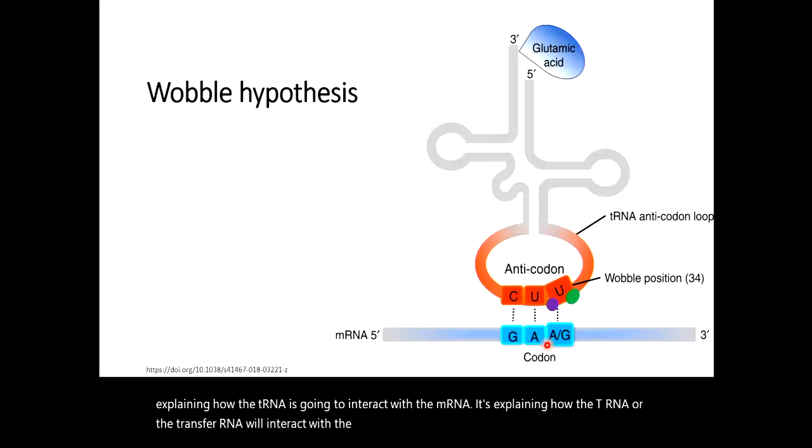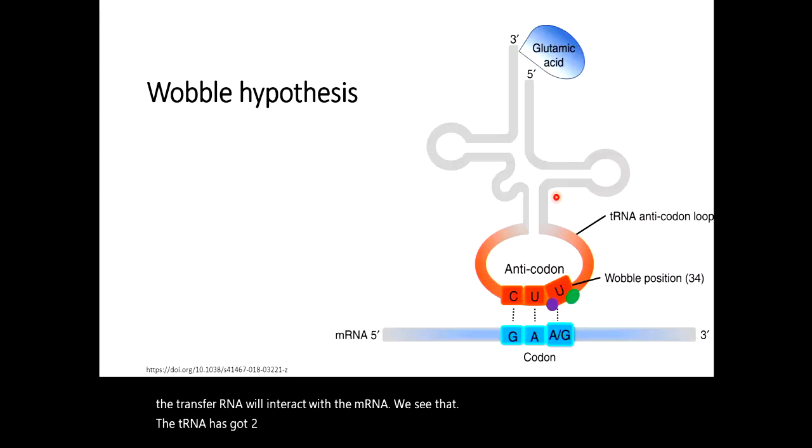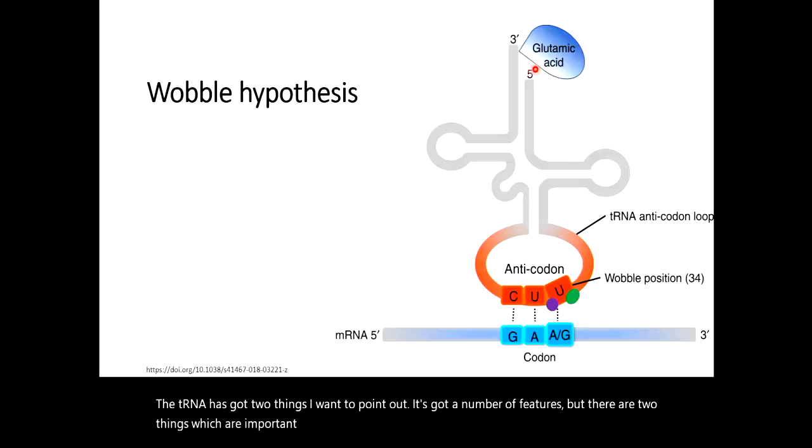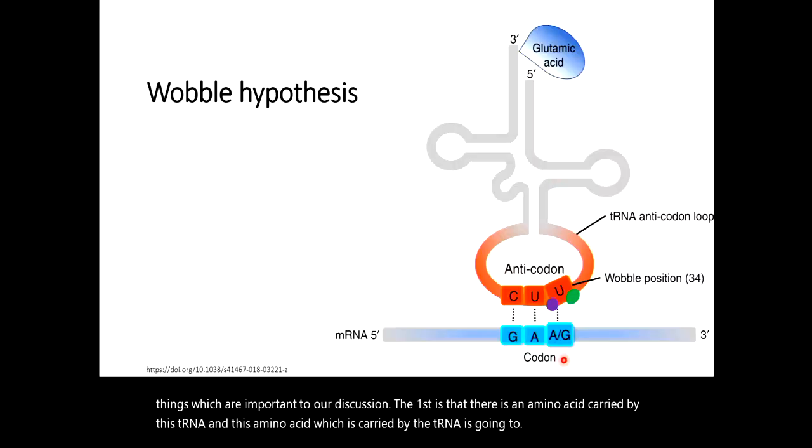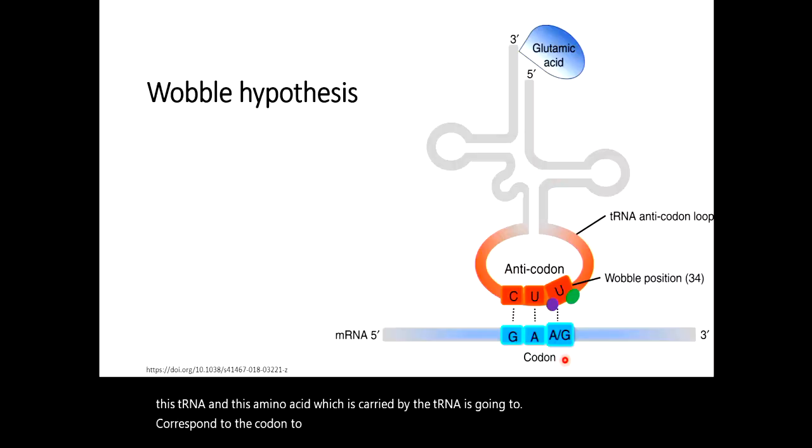We see that the tRNA has got a number of features, but there are two things I want to point out which are important to our discussion. The first is that there is an amino acid carried by this tRNA, right? And this amino acid which is carried by the tRNA is going to correspond to the codon to which that tRNA will bind.